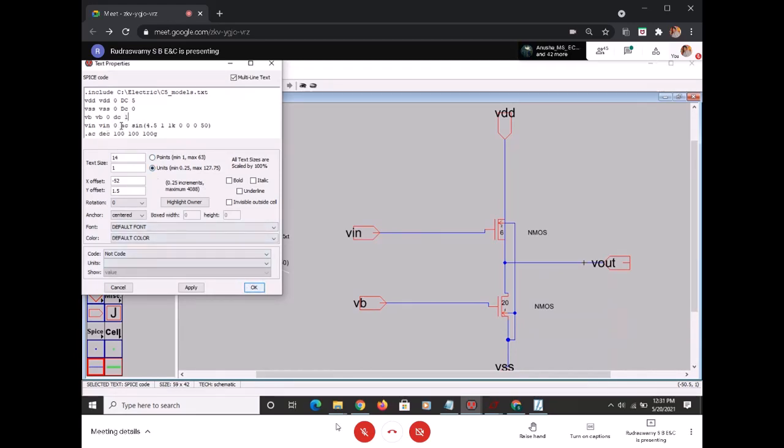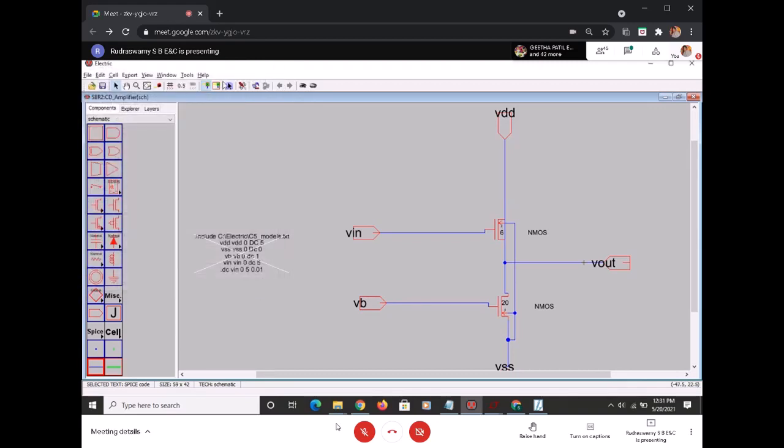Here I will try to do some DC analysis first. So dot DC V in 0 to 5 in steps of 0.01.